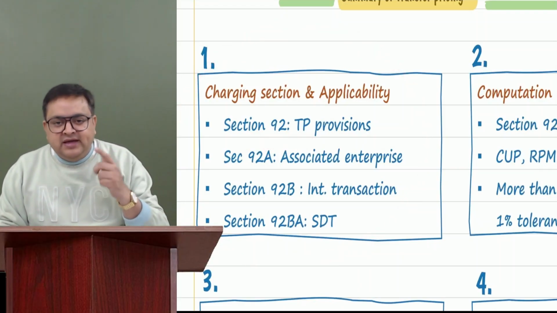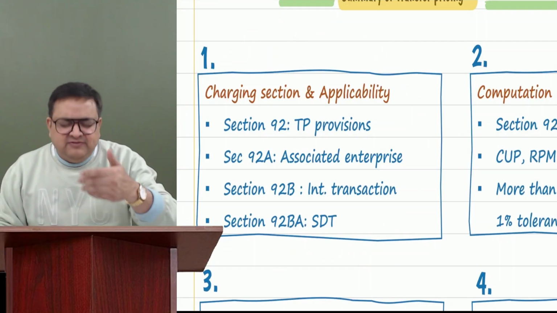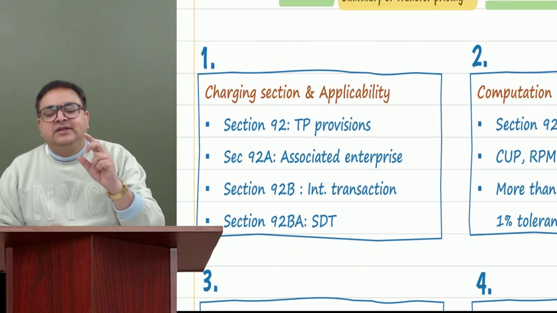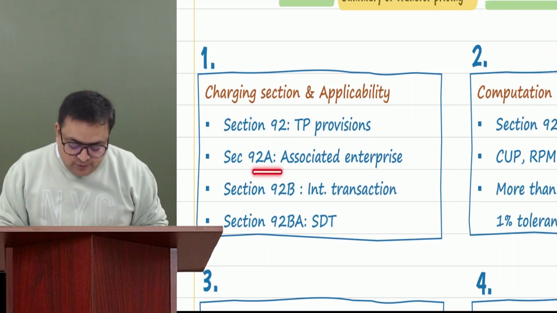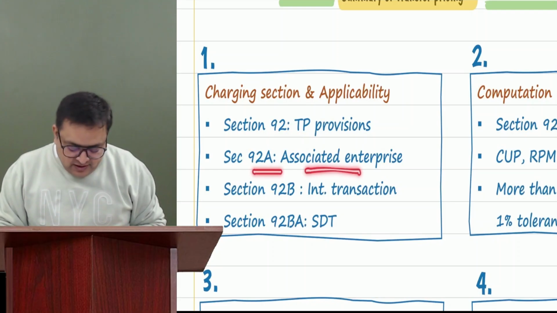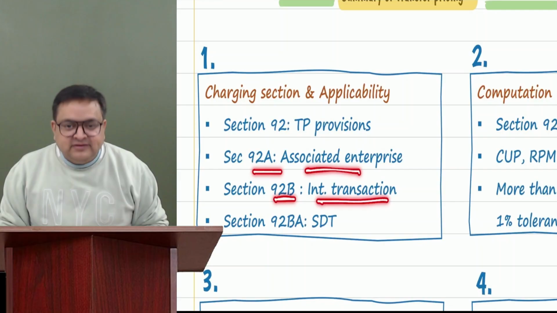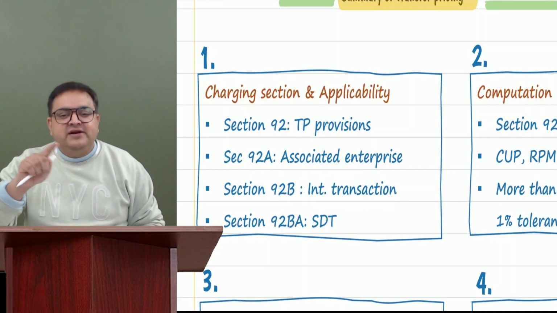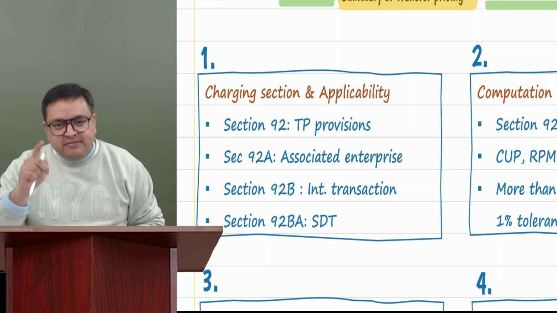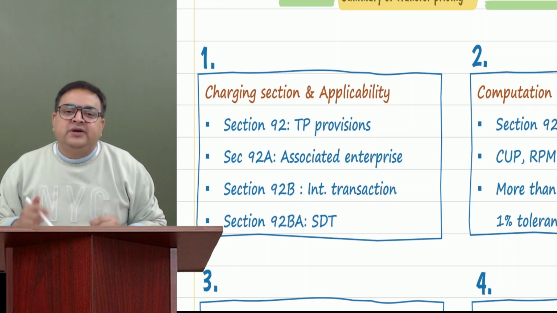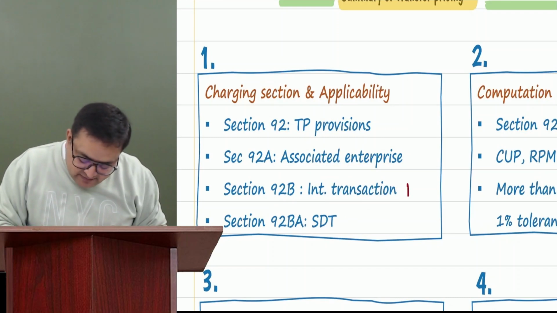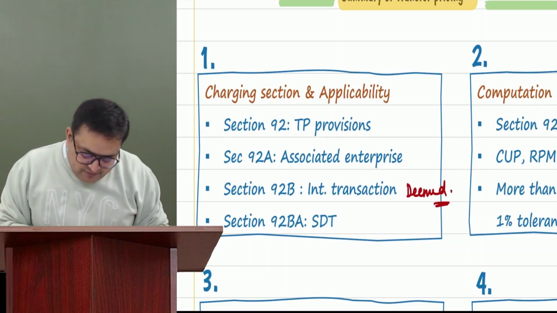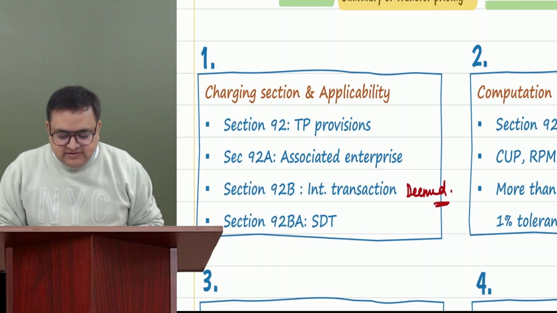Whenever there is an international transaction or specified domestic transaction, then we will see that it should be at the arm's length price. This is section 92. 92A, what is associated enterprises, you now know. 92B, what is international transaction? At least one of the parties should be a non-resident, right? Between two or more associated enterprises. And sometimes, now we know, there is something called deemed international transaction also. So 92BA, we have not yet done, specified domestic transaction.